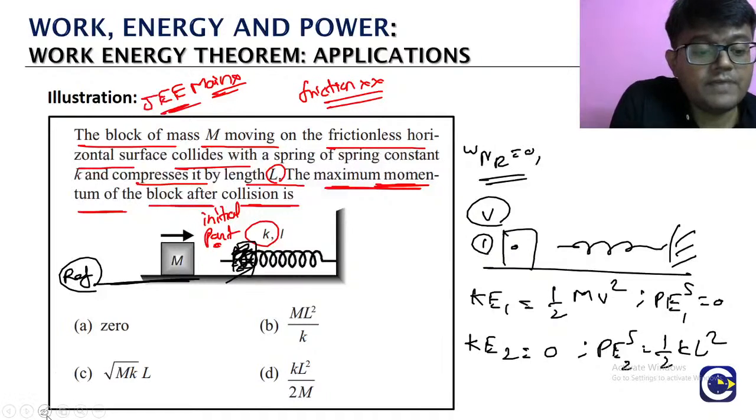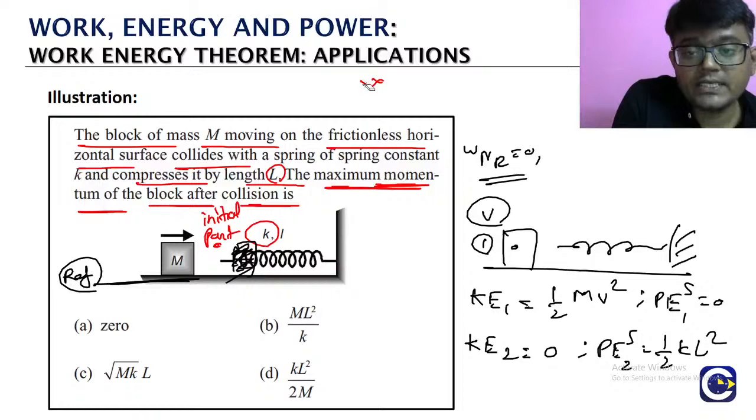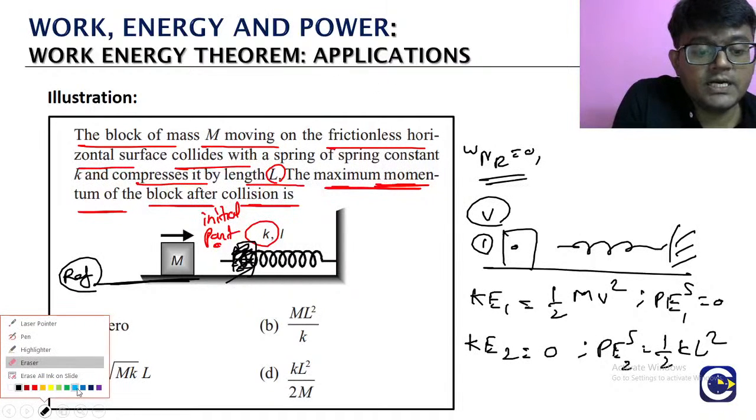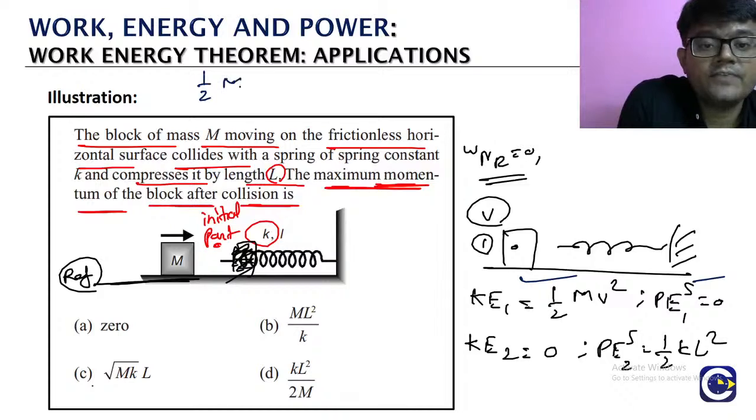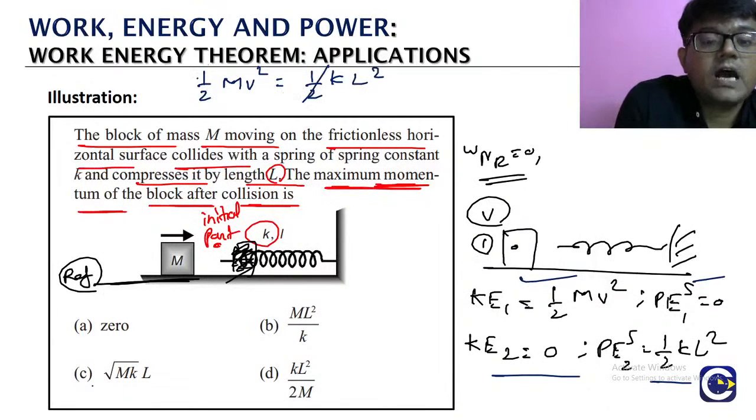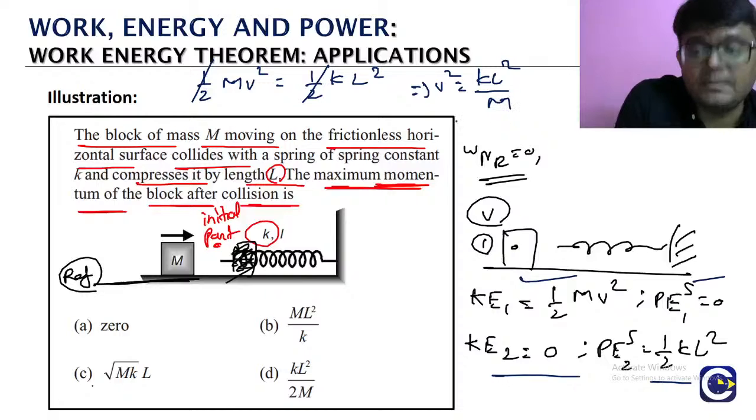Okay, so when we apply the conservation of mechanical energy, what do we have? Initially, at the time of collision, kinetic energy plus potential energy, which is just half mv square, is equal to the final kinetic energy plus potential energy, which is half kL square. Here the half is cancelled. So v square is equal to kL square by m.